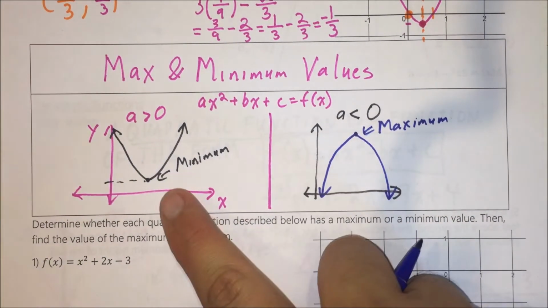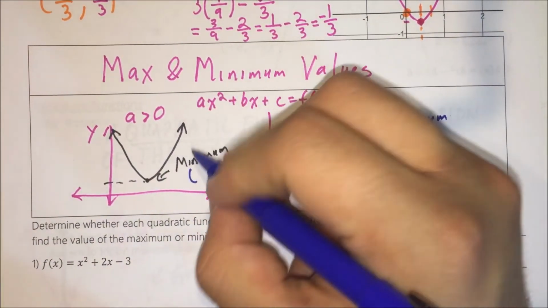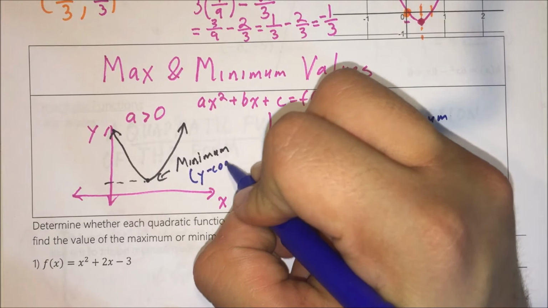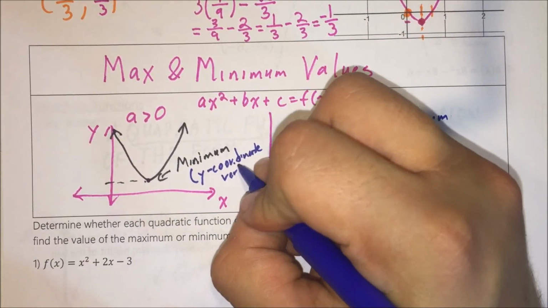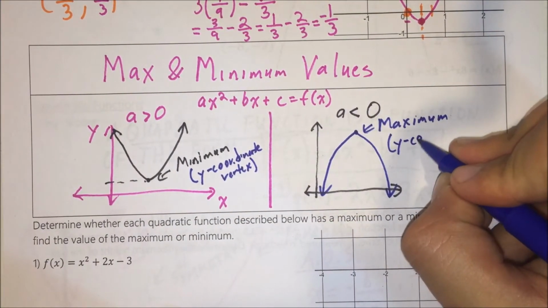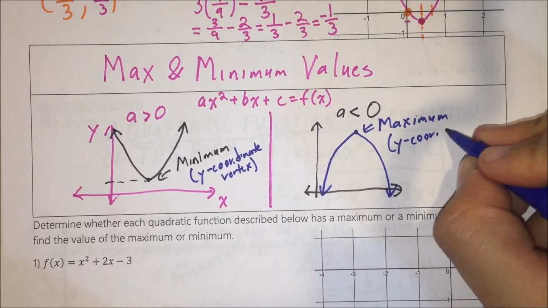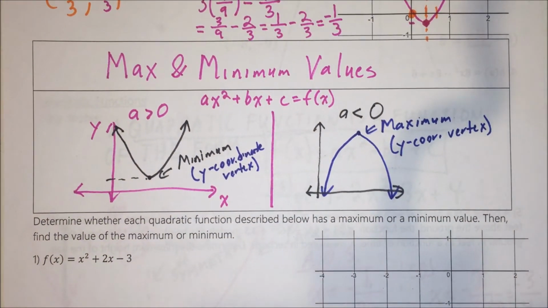Now, you'll notice that actually occurs at the same point as the vertex. So the minimum, we can figure it out by just looking at the y-coordinate of the vertex. And same thing over here. All we have to do is look at the y-coordinate of the vertex, and that gives us whatever our maximum or minimum value of the function is.